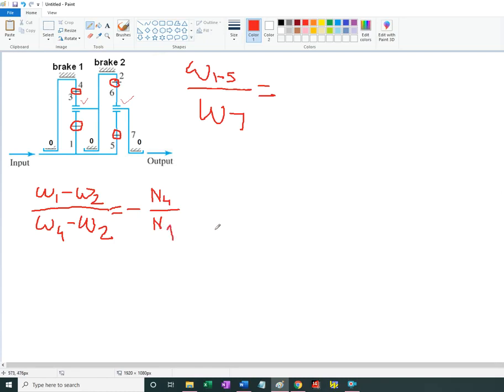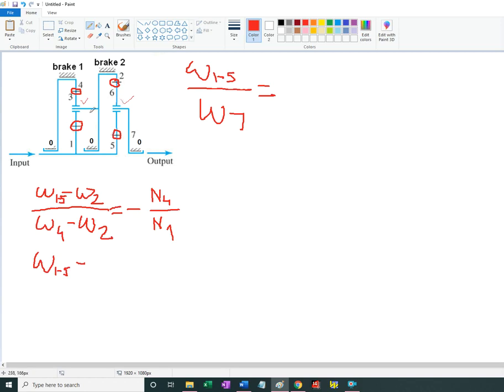Okay, so this is the first equation that I can write. And the second equation, and again, this is omega 1,5. I can write one between omega 5, which is the same omega 1,5, because it's the same body. And motion inversion.